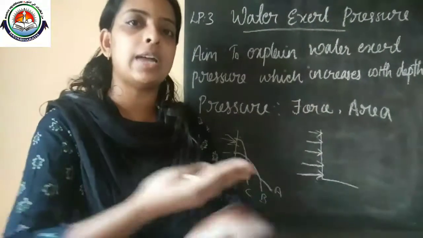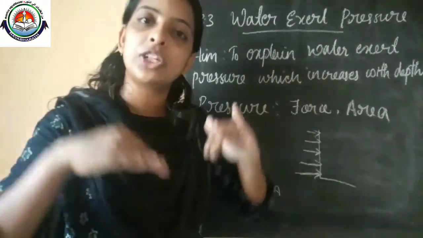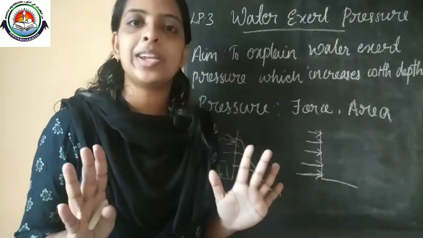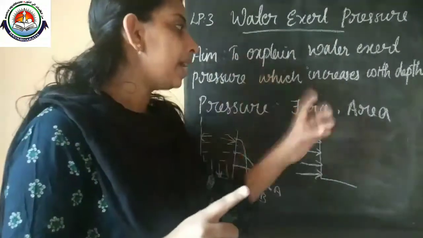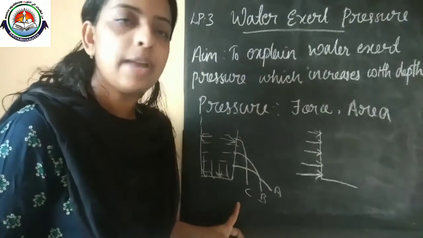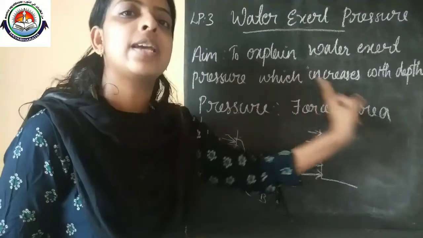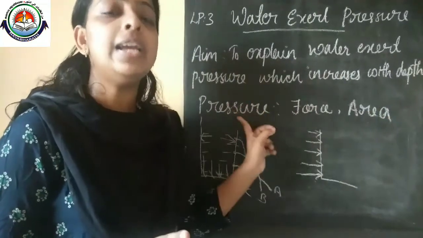Bottom wide means the walls are wide, so the area increases and pressure decreases. Are you clear? So the basic key concept you have to remember in this lesson: pressure increases with depth, and when area increases, pressure decreases, and when area decreases, pressure increases.